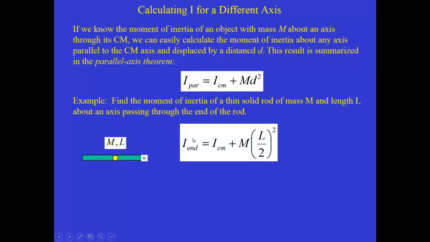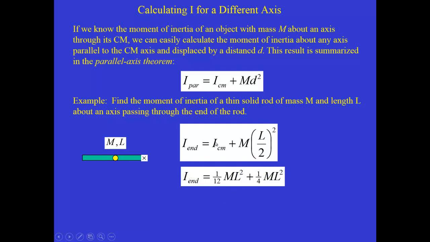So I at the end, which is what we're trying to find, right? That's the parallel axis. It's equal to the I center of mass, plus in this case, the mass of the rod times this distance d between the two axes. And in this case, d is simply 1/2 the length of the rod, L/2. So the moment of inertia about an axis through the end is equal to 1/12 mL squared.